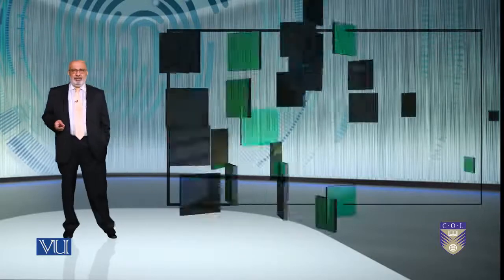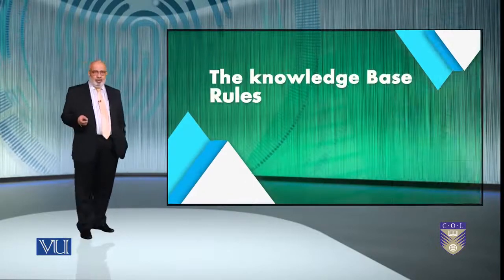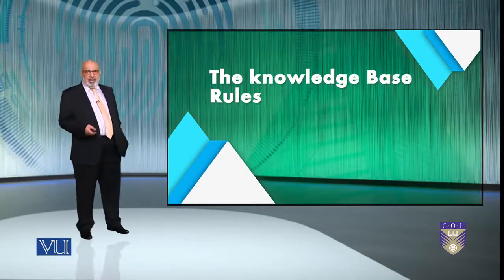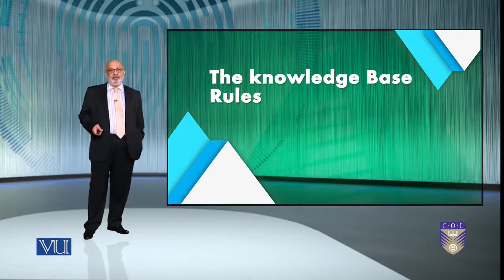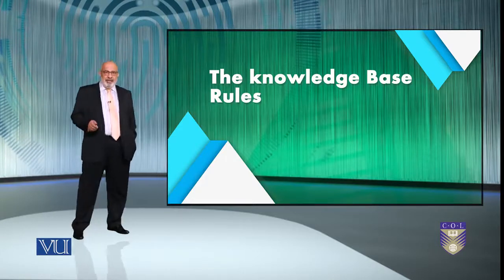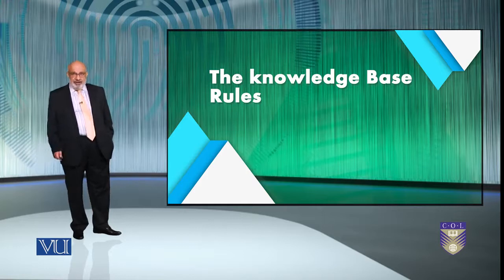So our objective is to locate a white lily, right? And let's see how it works. The knowledge base contains several rules, and in the knowledge system, there are 19 rules here.